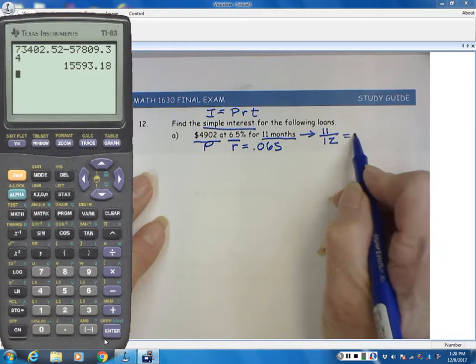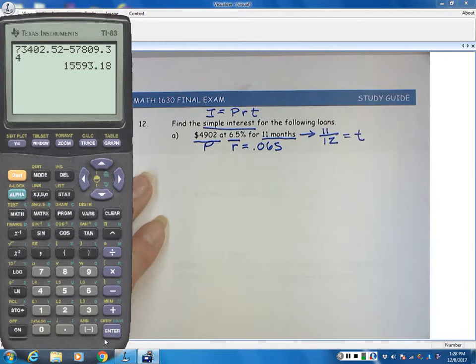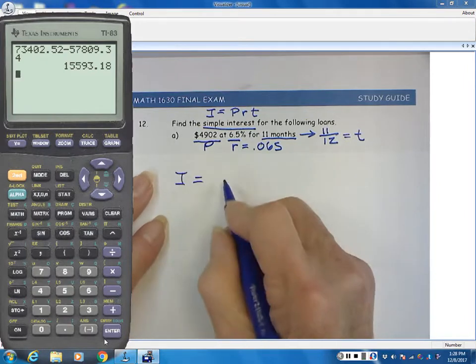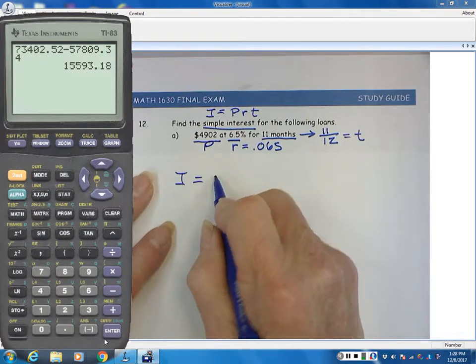So we can't put this into our TVM solver? No, not simple interest. Simple interest, you have to do the formula. And it's principal times rate times time.